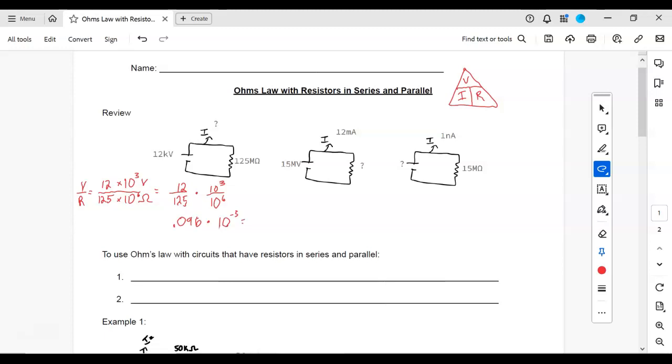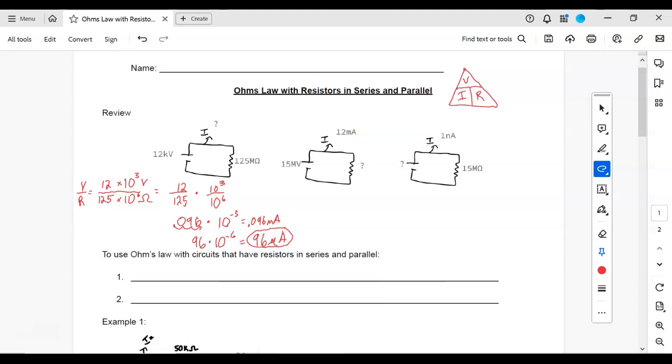Now, this is fine, so this would be equal to 0.096 milliamps, but a better way to write this would be to move this decimal 3 more places back, so that's going negative 4, negative 5, negative 6, and that would give you 96 times 10 to the negative 6 power, which is then 96 microamps, which is going to be the better way to write this, because 96 micro, okay, I can compare that to some other micro value. 0.096 milli, that's really hard to compare to 1 milliamp.